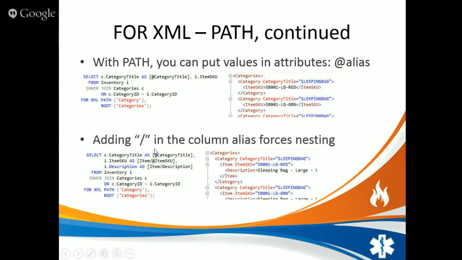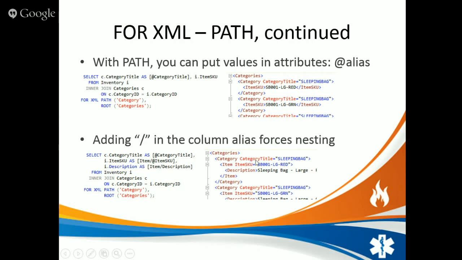When you add the slash in your column alias, it will automatically nest it. So in this case, we use category title as @category title, so it'll be an attribute at the current node level, and then item SKU as item/@item SKU, so it'll be an attribute at the item level, and then the next column is description as item/description.